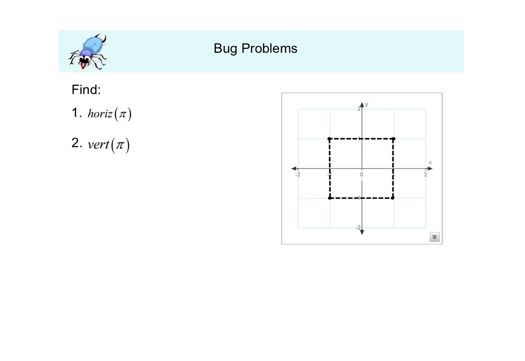Now we are going to find some function values. First, we're going to look at time pi. The first step is that I need to find what part of my path the bug is on at pi seconds. And we know pi is between 3 and 4, 3.14, just a little past 3.